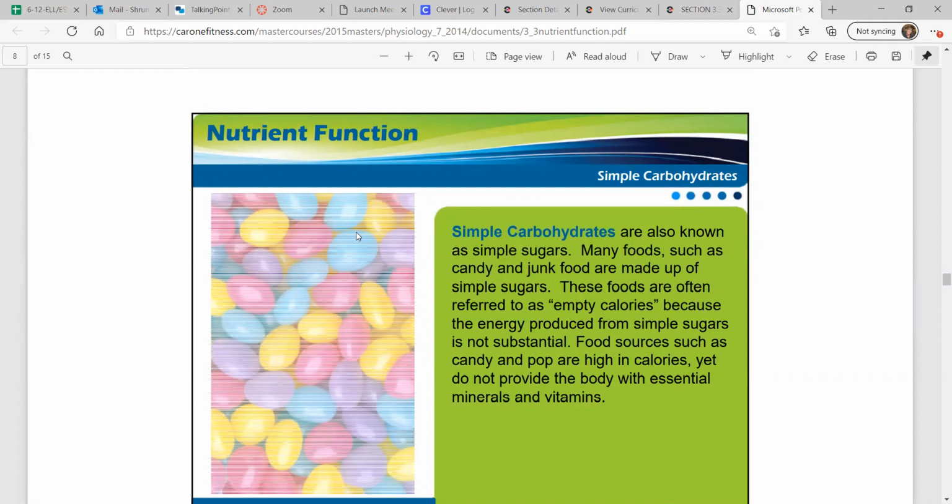These foods are often referred to as empty calories because the energy produced from simple sugars is just not the highest quality of carbs. Food sources such as candy and pop, really high in calories, really high in sugar, but they don't provide your body with essential minerals and vitamins.